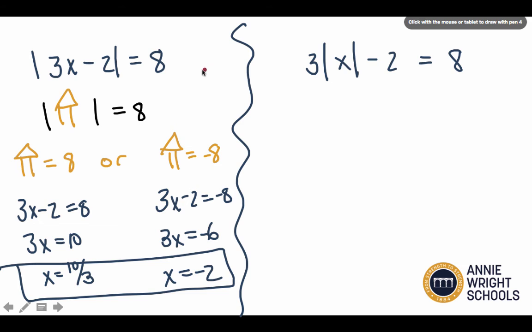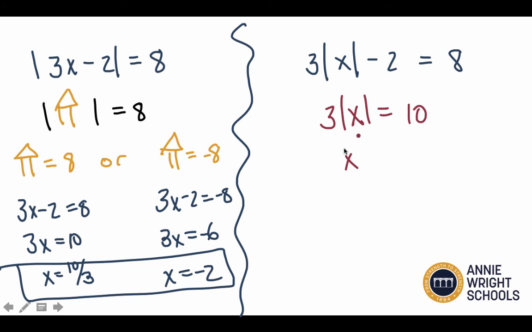The one on the right-hand side is a little more complicated because notice the absolute value bars aren't by themselves. So the first thing I'm going to do is add 2 to both sides and get 10. Then I'm going to divide by 3 and I'm going to get the absolute value of x equals 10 thirds. And then I'm going to take what's inside here and set it equal to the opposite of 10 thirds or 10 thirds.